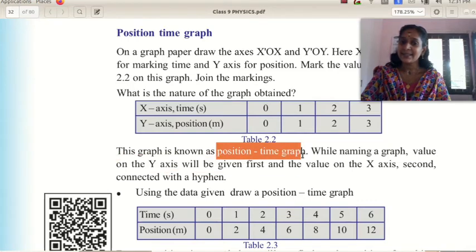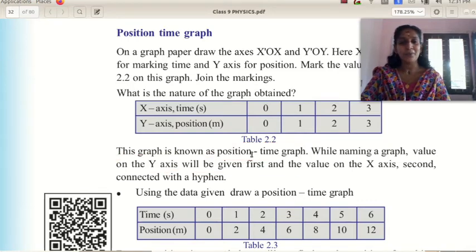In the x-axis we take time and in the y-axis we take position. So we should give the name position time graph. While naming a graph, the value on the y-axis will be given first and the value on the x-axis should be mentioned second. Okay, and it should be connected with a hyphen. In between these two you should draw a hyphen also.